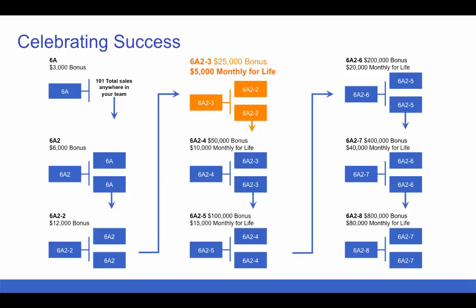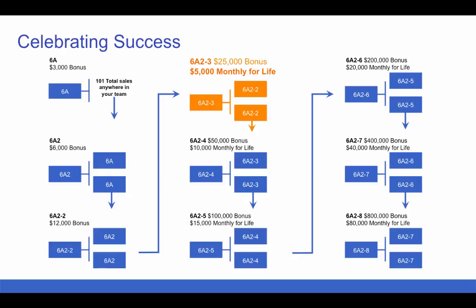So pretty exciting stuff. Now, if you see highlighted in orange, there's what we call a 6A2-3, and that's where the monthly bonus for life comes in. And ladies and gentlemen, this is unbelievable. Once you get to 6A2-3, Agic will give you a $25,000 bonus and a $5,000 a month check for the rest of your life, just because, okay?